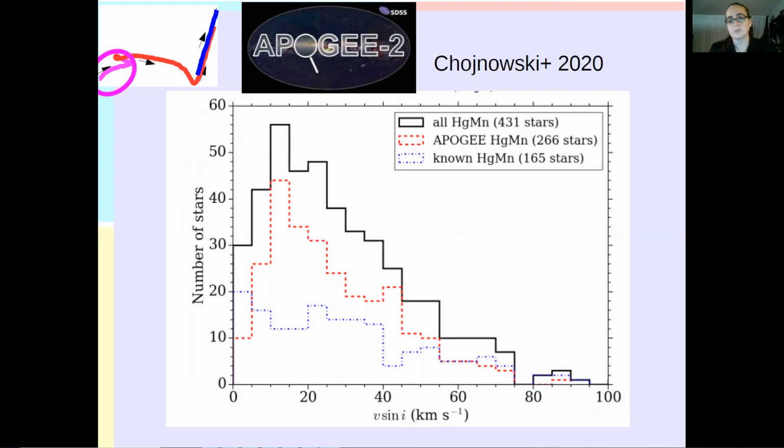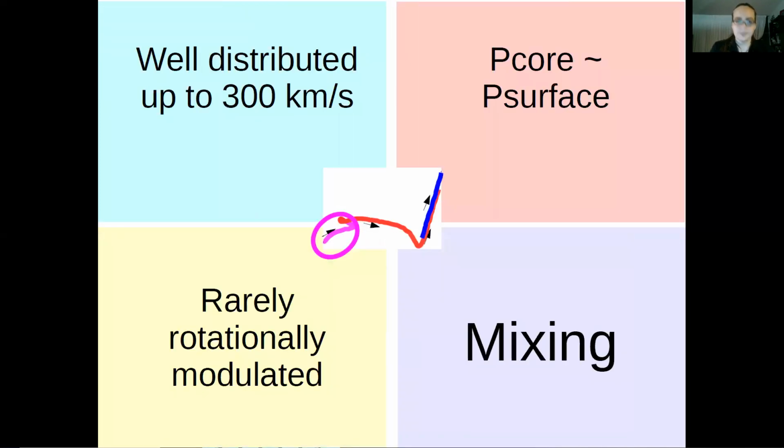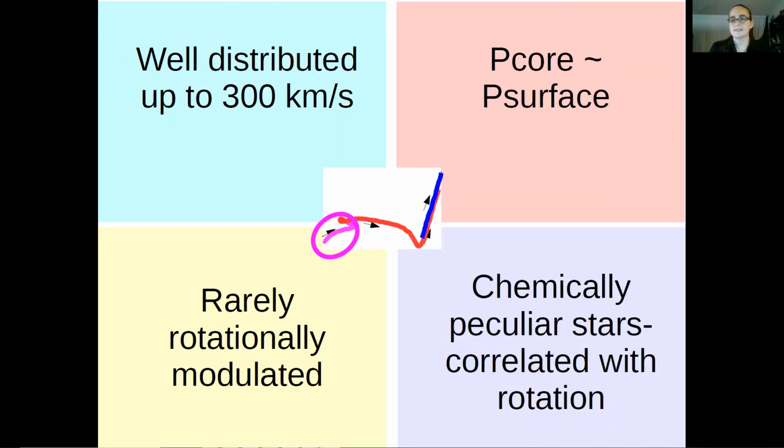And so Drew was able to use that to point out that, at least in our sample and other known samples, the chemically peculiar stars, in this case mercury manganese, is correlated with the rotation velocity. So at least some of these chemical peculiarities can be correlated with other tracers that we're interested in in terms of rotation, activity, and mixing.